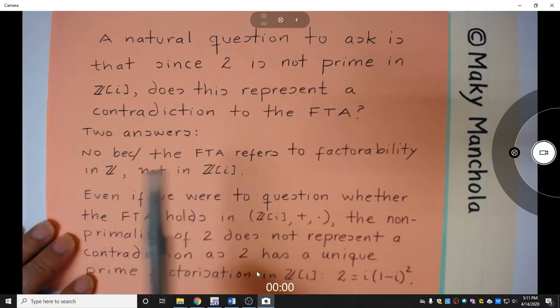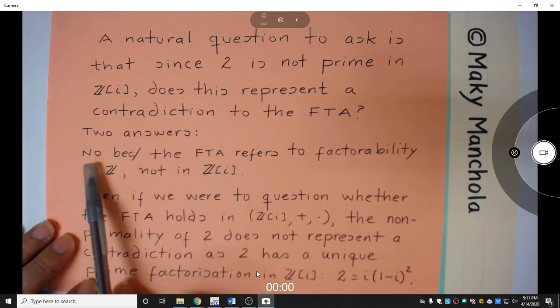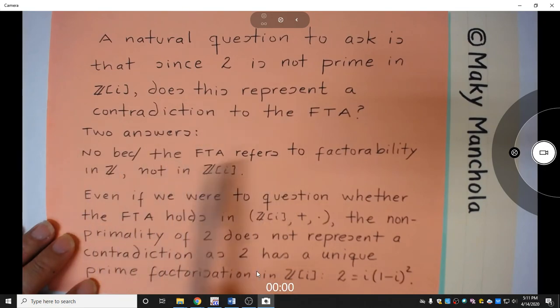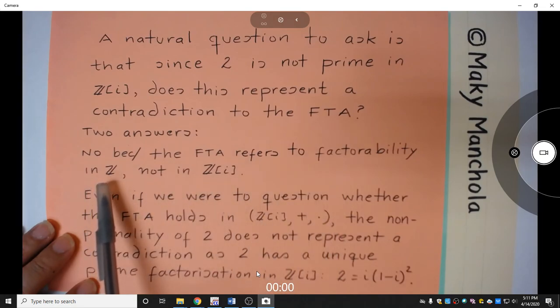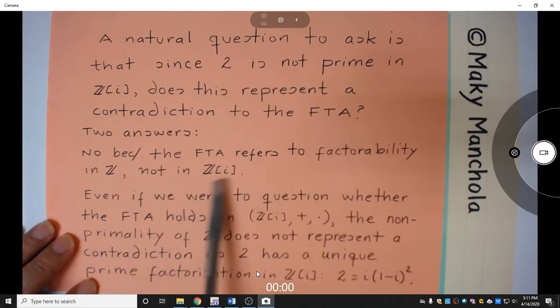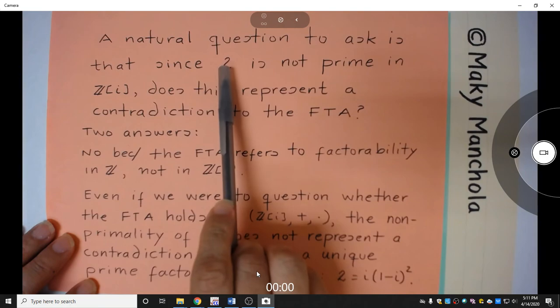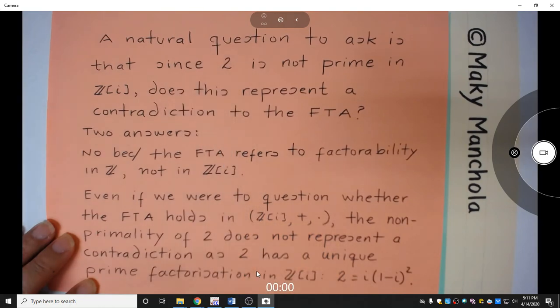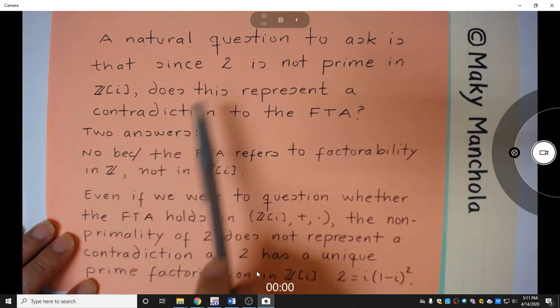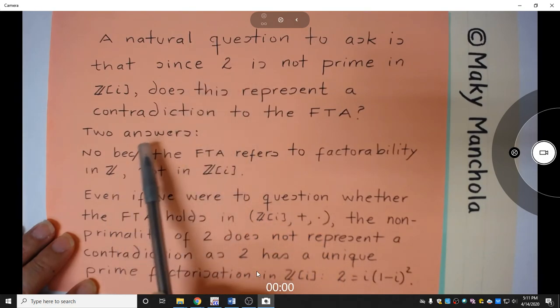Now, we have two answers. One answer is no, because the fundamental theorem of arithmetic refers to factorability in Z, not in Z[i], the set of Gaussian integers. So if you told me 2 is a prime in the set of integers, you are not concerned about whether it's not prime outside that set.